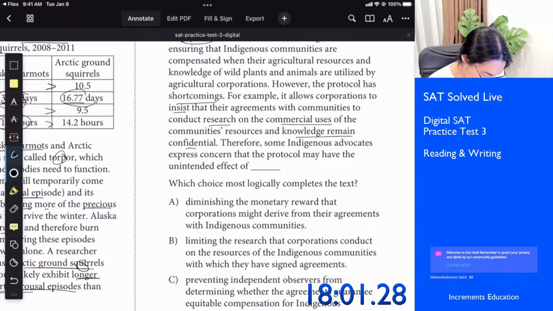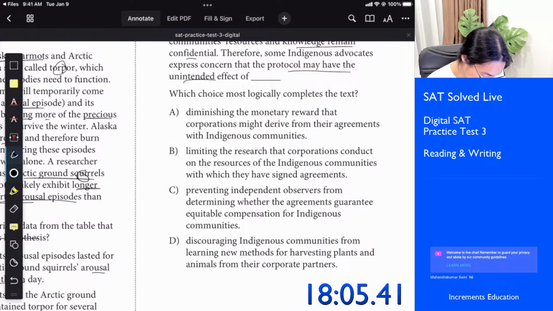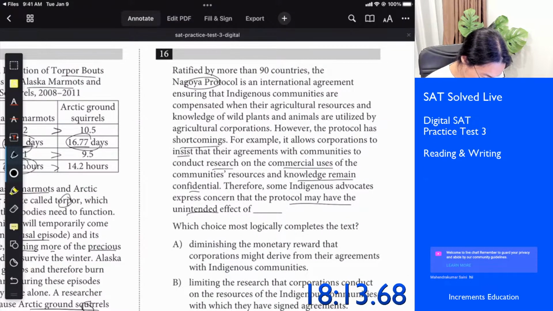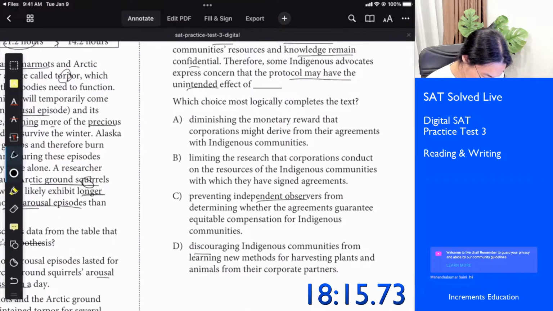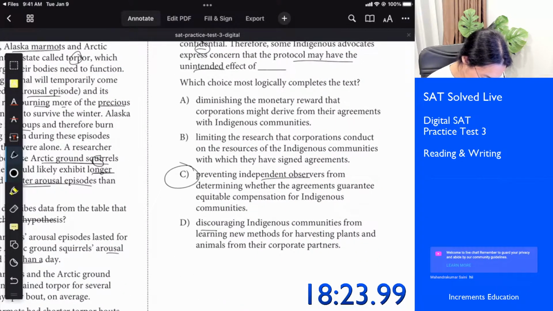Therefore, they express concern that it's kind of like a silencing effect, like a freezing effect, discouraging communities, preventing independent observers from determining whether. Yeah, that's also true. That seems right because it's confidential. Yeah. Okay, 1826. I think that's right.